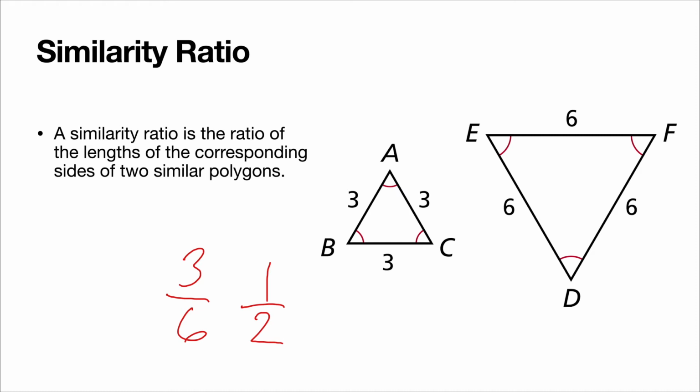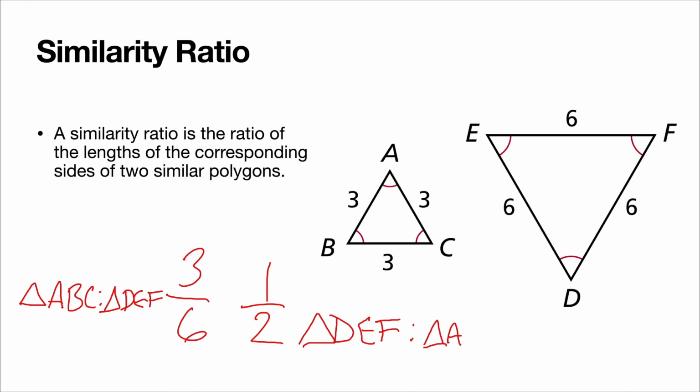So that would be the similarity ratio of triangle ABC to triangle DEF. Now here's the thing. If I wanted the ratio of DEF to triangle ABC, it suddenly becomes 6 over 3 or 2 over 1.